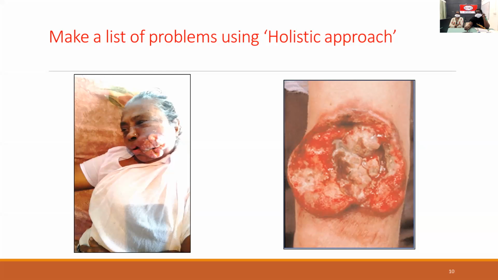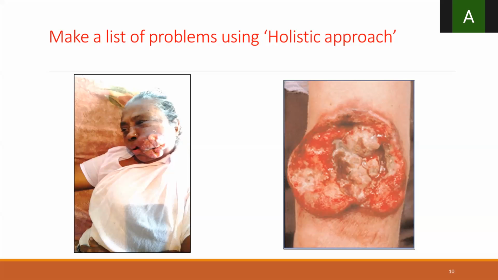First, we can discuss the physical problems. I think you can chat or speak. Yes, okay. Physical assessment. QOL means quality of life.